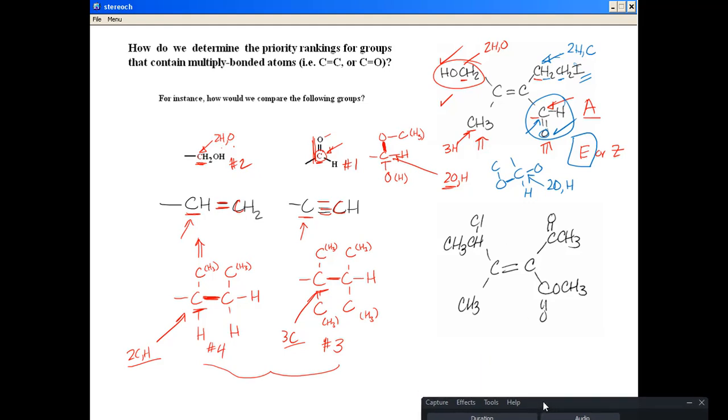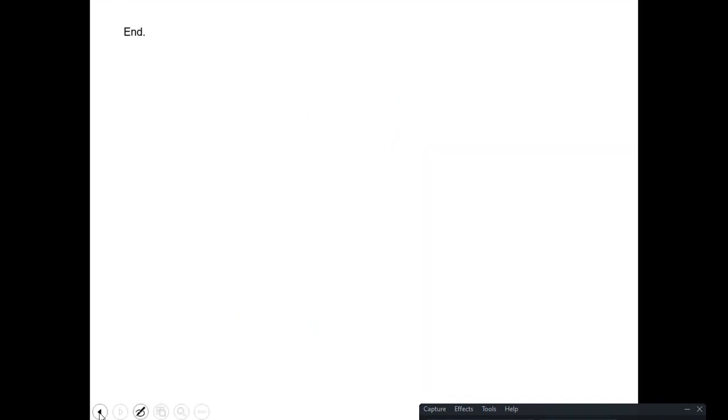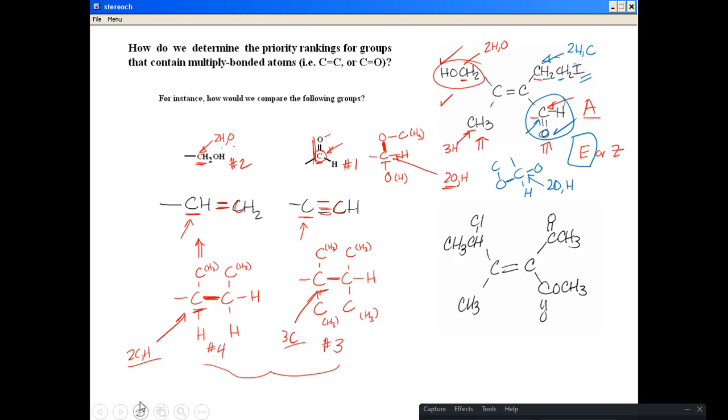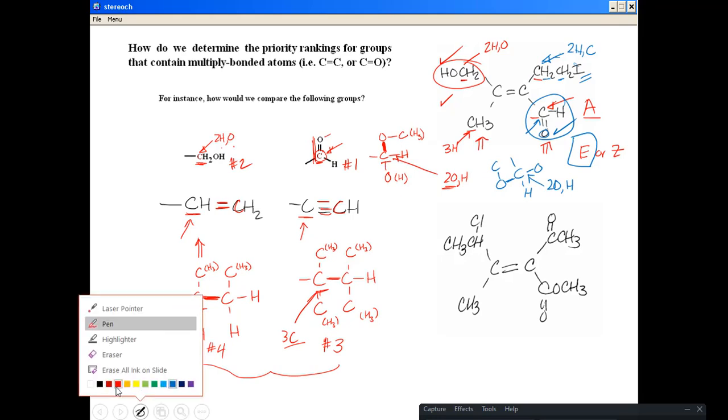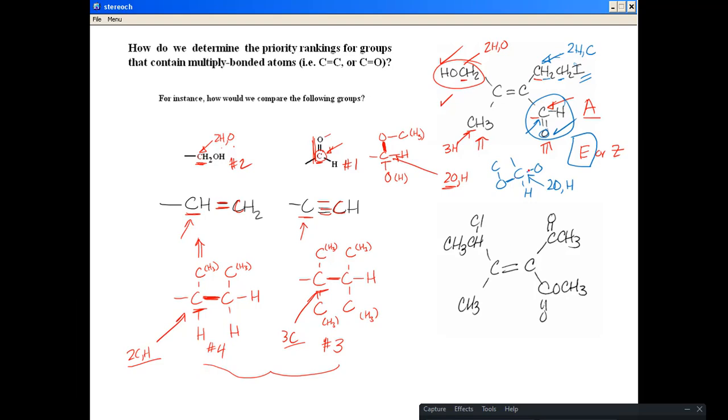Okay, one more problem. Let's look at this molecule. Is it E or is it Z?